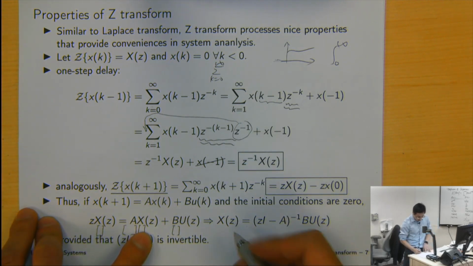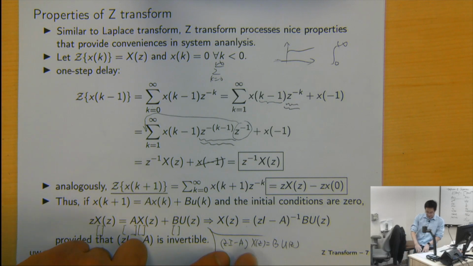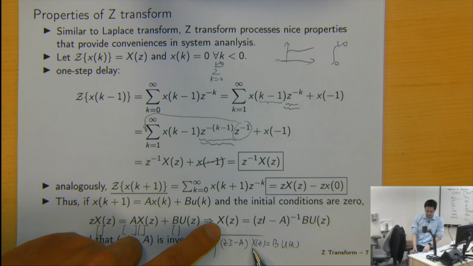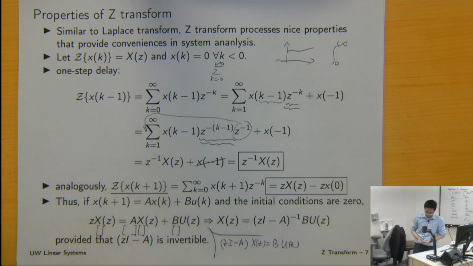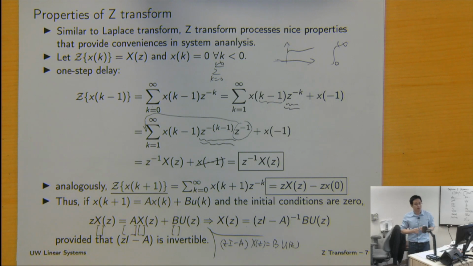So this is going from z minus A, X of z equal to B U of z. These are matrices. If I can invert these matrices, then this will be the z transform of X of z from here. This is something that we will be using in system analysis. So it turns out this is a very common model for dynamical systems.